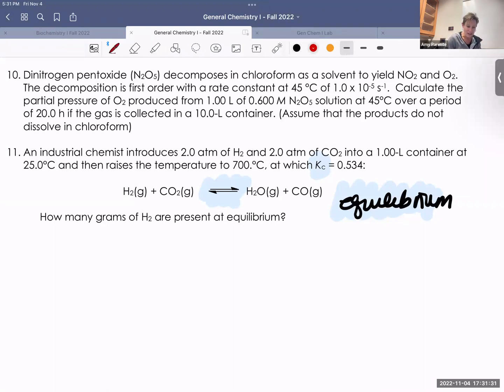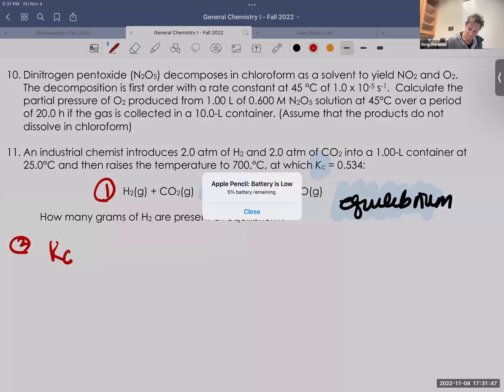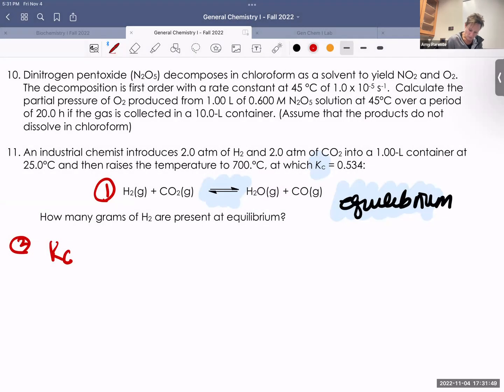Okay, so equilibrium problem. So let's go through our steps. First step, make sure we've got a balanced chemical equation. We do in this case, we didn't have to worry about creating it. Next step, write your equilibrium constant. So we've got Kc is equal to the concentration of CO times the concentration of H2O over H2 times CO2.